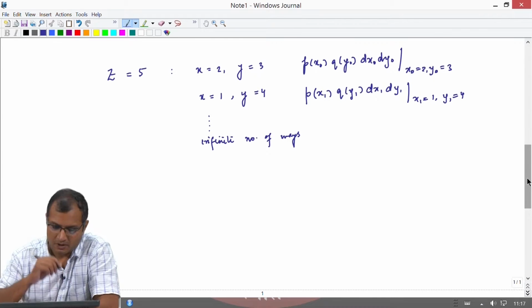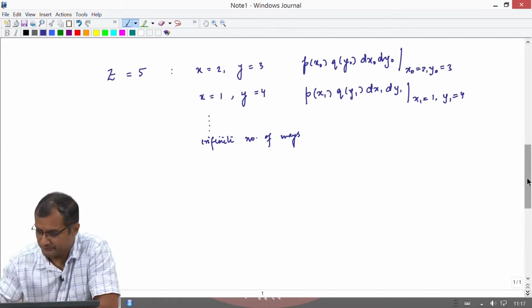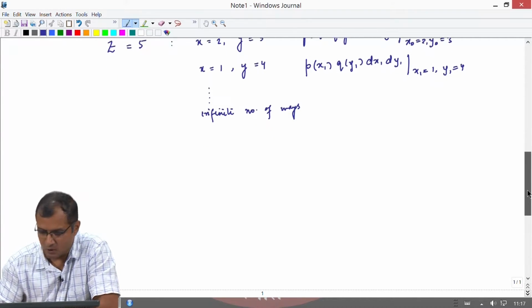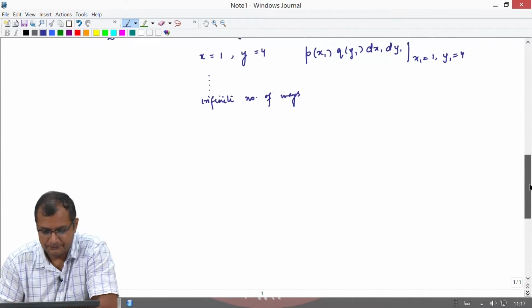So, what I do know is that whatever probabilities I take, the sum of x plus y is constrained to be z. So, how about dealing with this problem slightly differently?